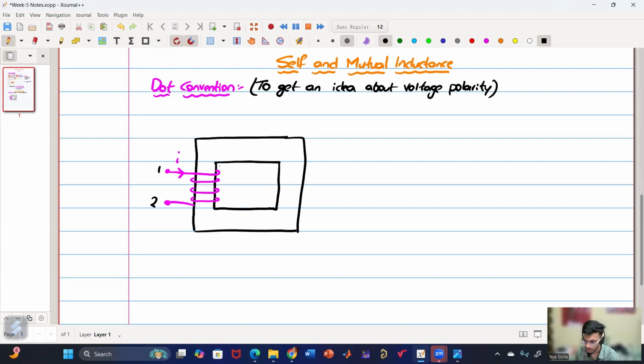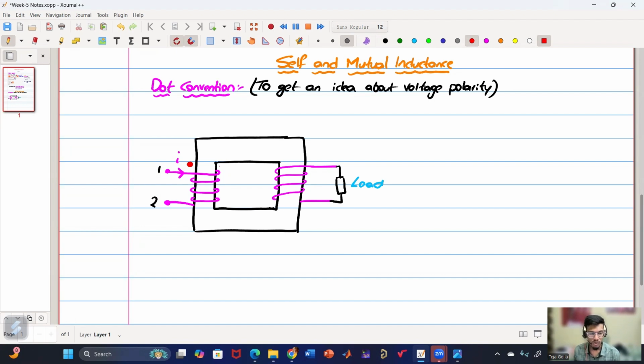On the other side, we have something like this, and here we have a connected load. Now say on one side we have marked that this is the dot.